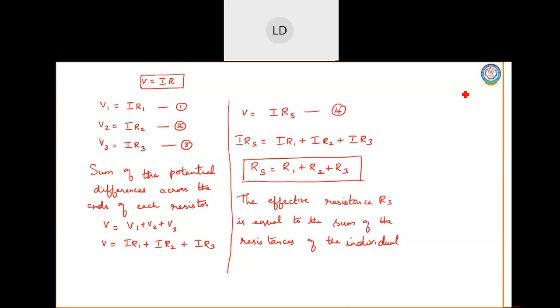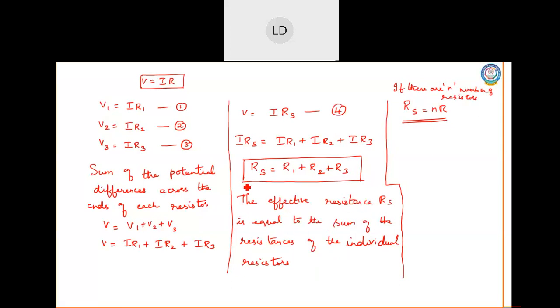If there are n number of resistors, then what will be the formula? The effective resistance will be N times into R. So this is the formula. So this is about, and one more thing I wanted to tell you, the equivalent resistance in a series.